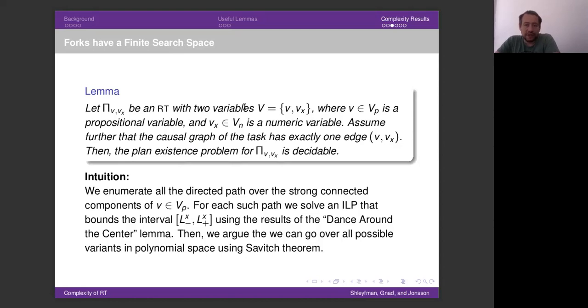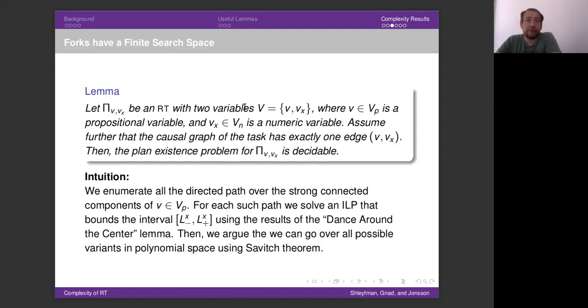So how is it done? We take the propositional variable, we go over all its values, and for the values, we define strongly connected components if you can reach the value x from value y and vice versa. After we define all strongly connected components, we start to enumerate paths over those strongly connected components.